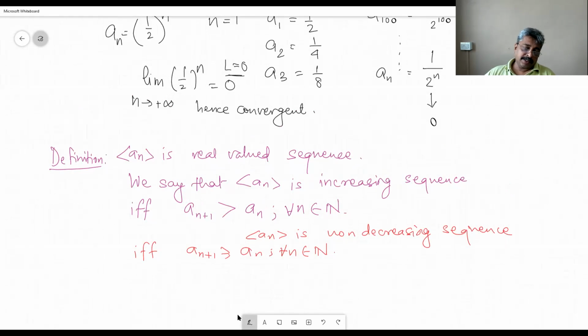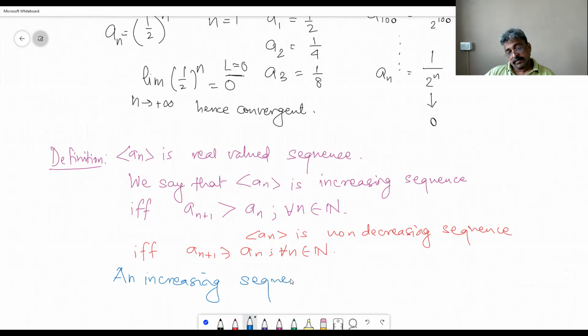An increasing sequence, and it is bounded above. What will happen eventually? It is an increasing sequence, n tends to infinity, and I am saying that it is bounded above. Then what will happen? That is the thought.